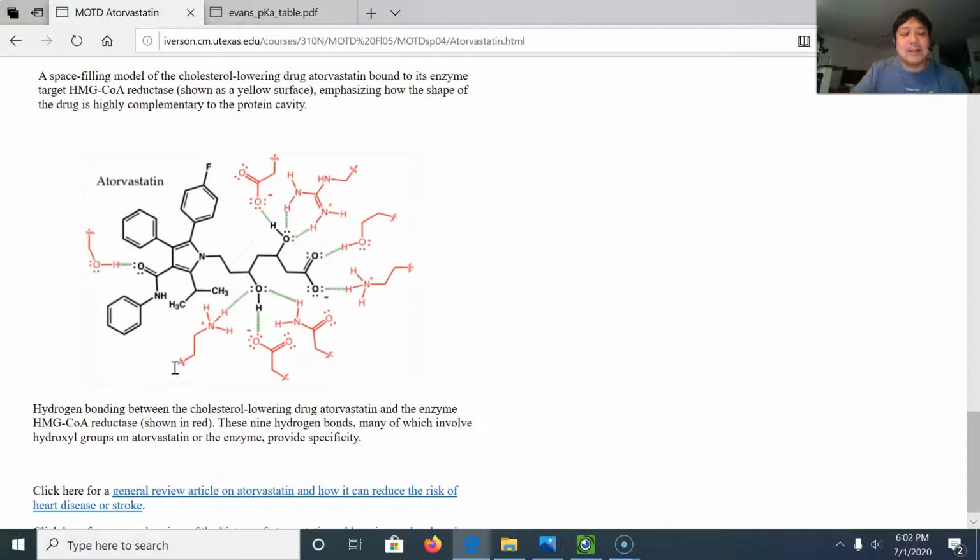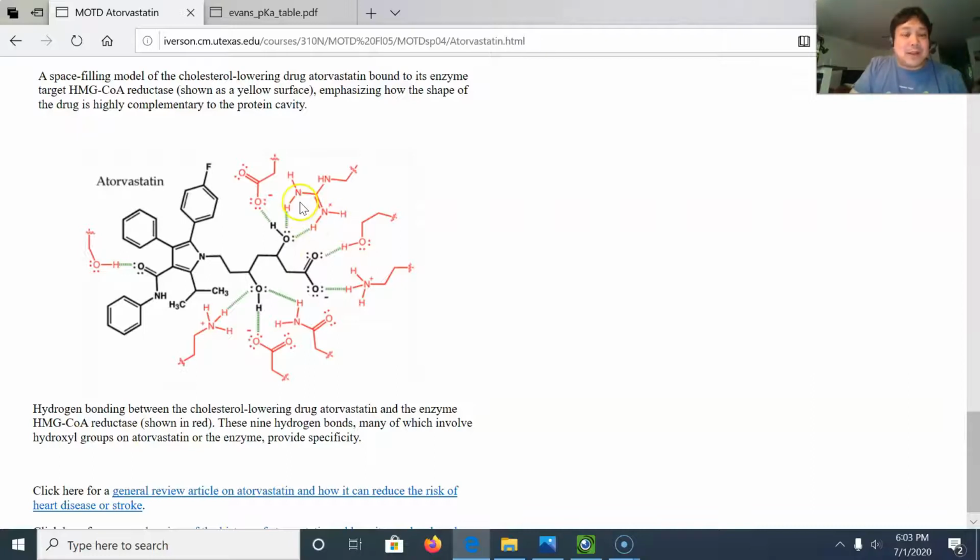That's an electrostatic attraction. Let's take a look at this hydroxyl group up here. This hydroxyl group is acting as the donor in this particular hydrogen bond, the one on the left. But for the other two hydrogen bonds, that hydroxyl group is acting as the acceptor.